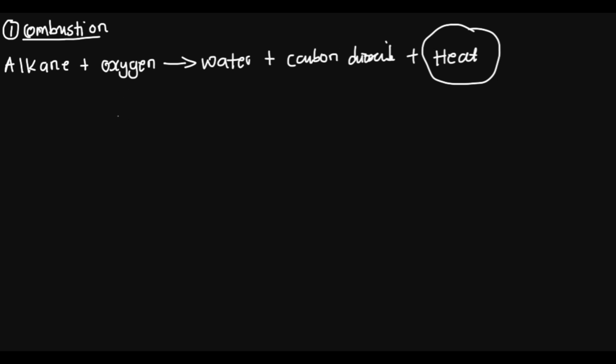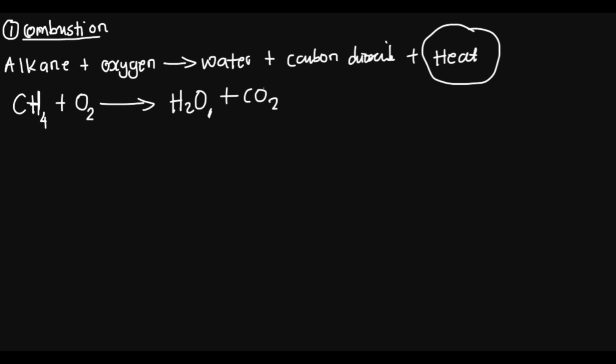So let's say we have the example of methane here. If methane is reacting with oxygen, remember oxygen should be written as a diatomic molecule. So here we are going to have water, then plus carbon dioxide. Then what we need to see is whether this reaction is balanced.